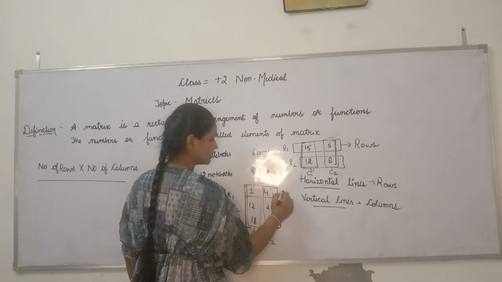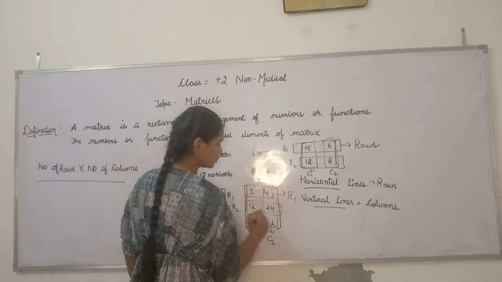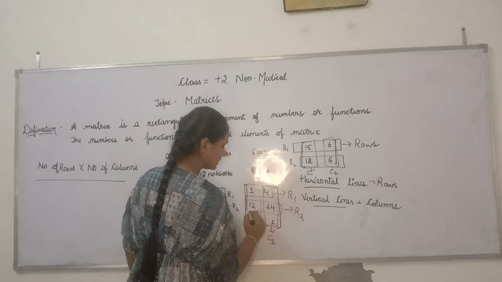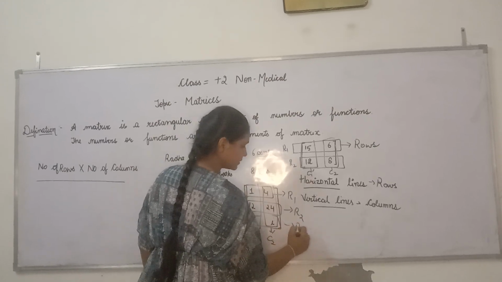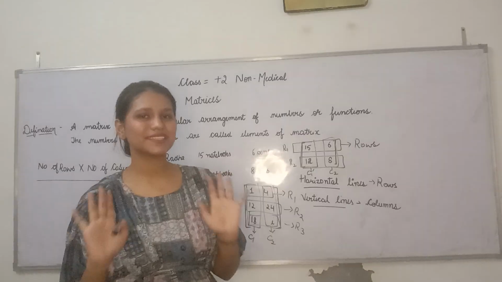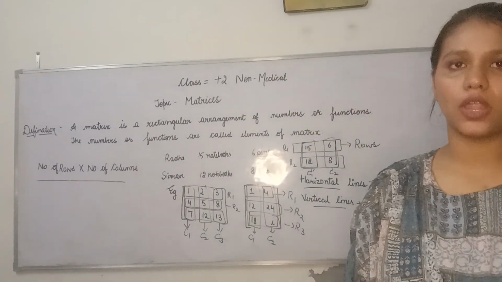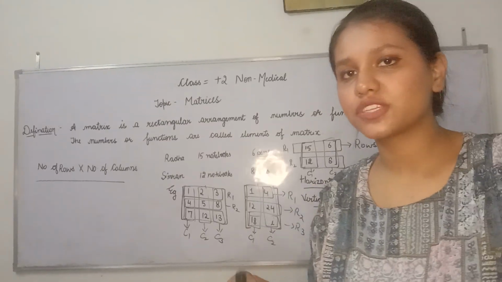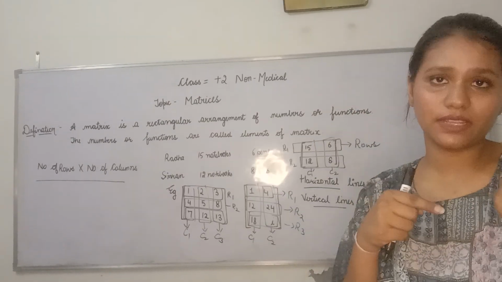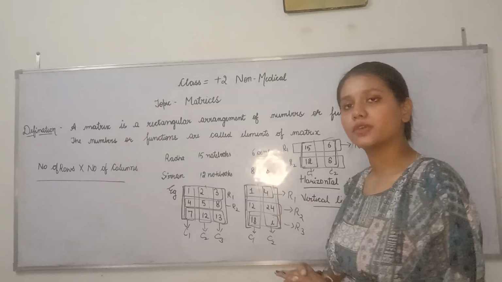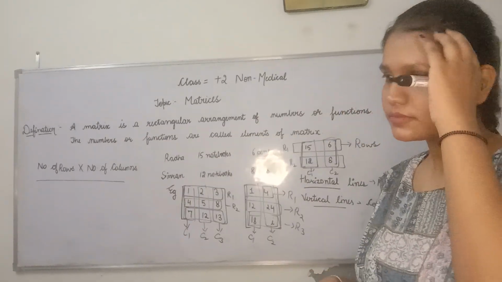This is row 1, this is row 2, and this is row 3. So a matrix is a regular arrangement of number of rows and columns, and we write any information in the form of a matrix, in the form of rows and columns.